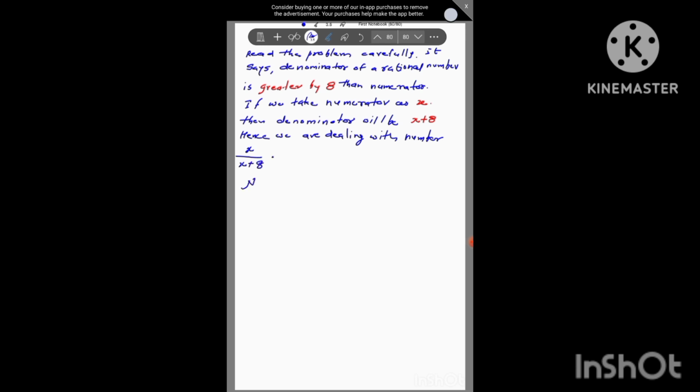Then what does it say further? Now the numerator is increased by 17. That is, we are adding 17 to x, that is on the numerator side. Okay, and then decreasing the denominator by 1.